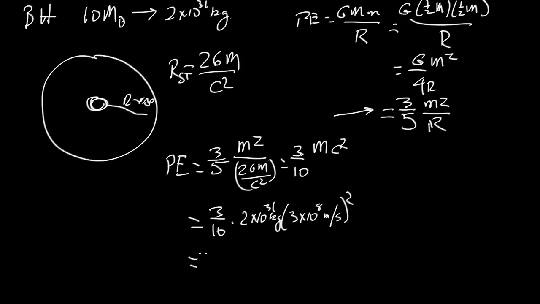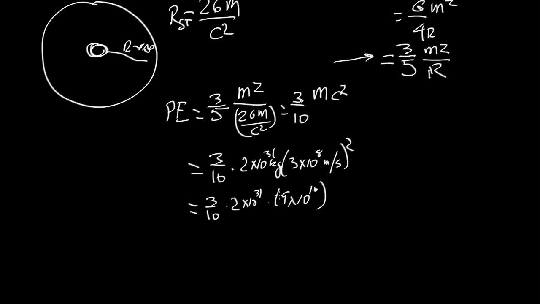And so, again, making some approximations, I've got 3 over 10, I've got that 2 times 10 to the 31, and I have 9 times 10 to the 16 once I square. So 3 times 2 times 9 is 54, so we'll call it 50 divided by 10 is 5. So I get 5 times 10 to the 47 joules. So it's a lot of joules released.